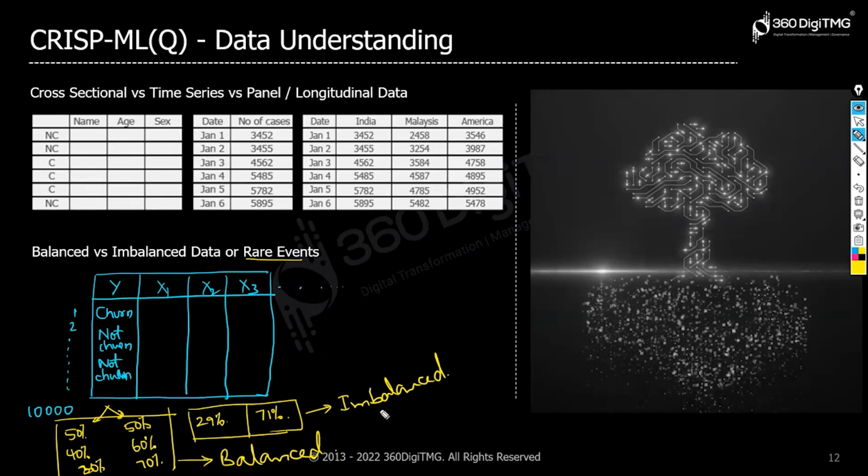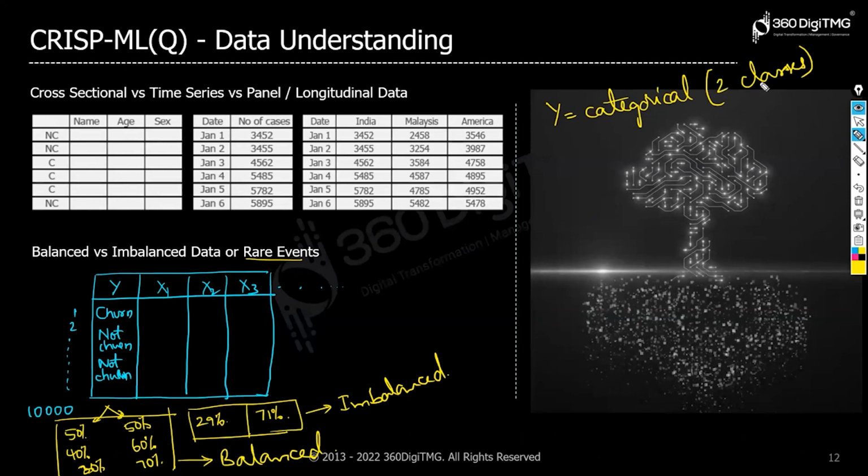Okay. Having discussed this part of it, if your output variable here is categorical, and if you have two classes, two categories, then you go with this rule, which says that if one of the classes, either churn or not churn, has less than 30% of the data, then it would be called an imbalanced dataset.